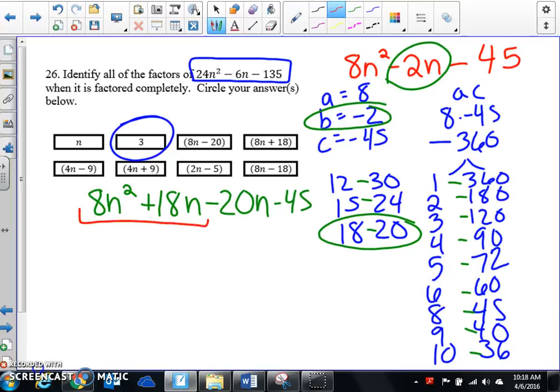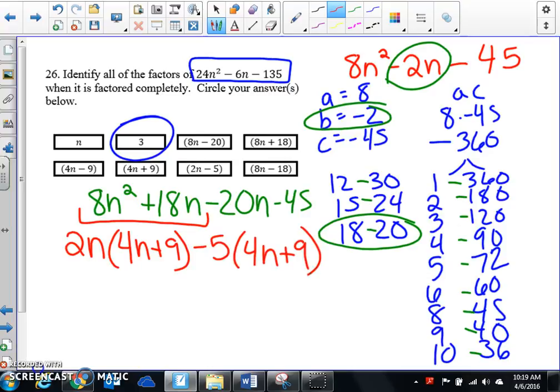Out of here, I can take out a 2n, leaving me with 4n plus 9. Out of here, I can take out a negative 5, leaving me with 4n plus 9. My 4n plus 9s are identical, so boom, 4n plus 9 and 2n minus 5.